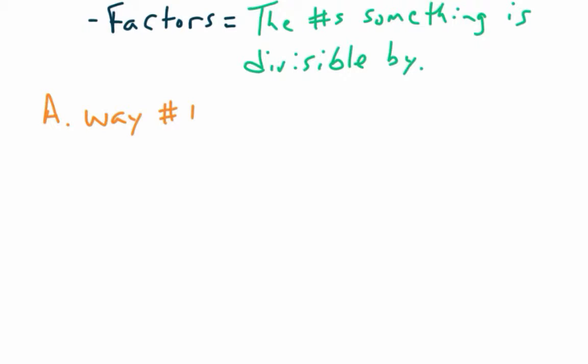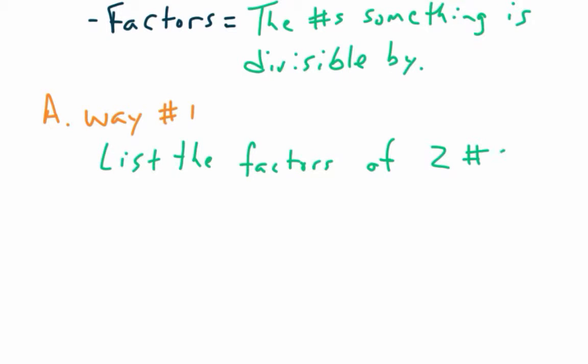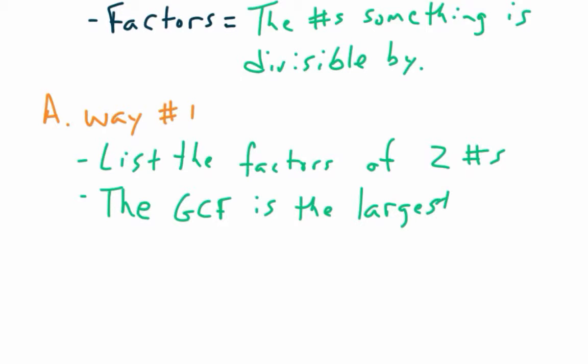So way number 1, list the factors of 2 numbers, and then the GCF, the greatest common factor, is the largest one they have in common.